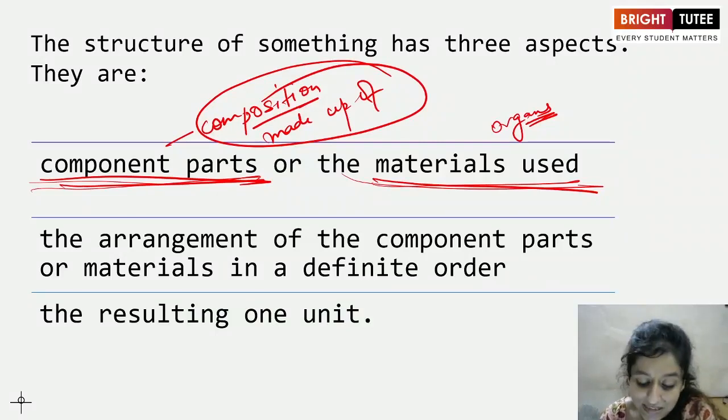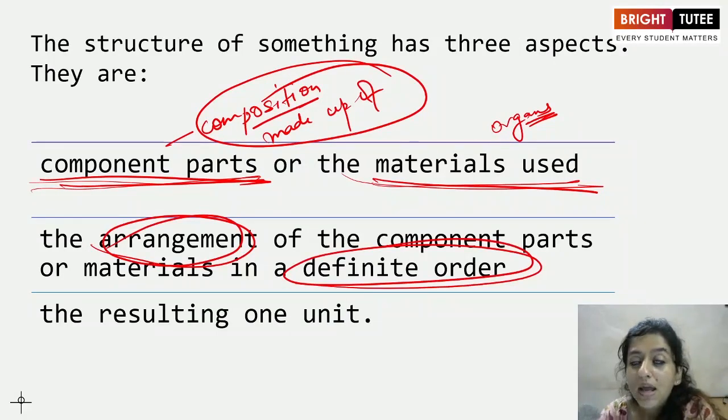The next is the arrangement of the component parts or the material in a definite order. A lot of times we face challenges when the whole arrangement is not being followed, when you do not have that arrangement in the right way.